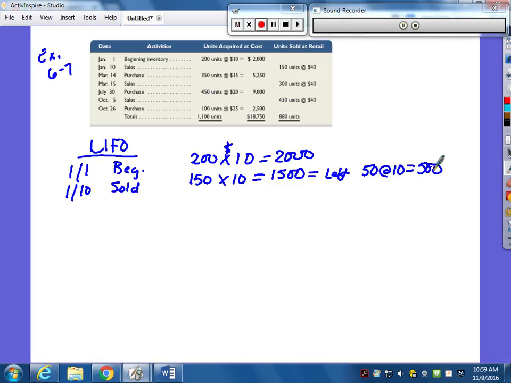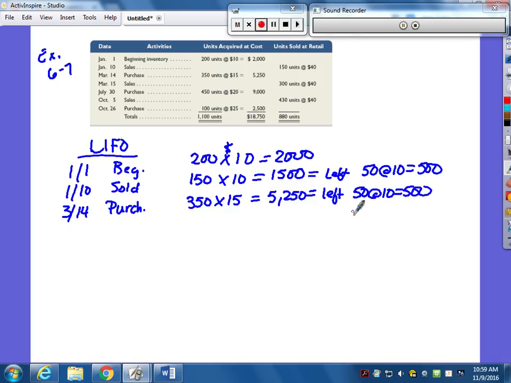All right. And then on March 14th, they purchased 350 units at $15, which equals 5,250. Now, what we have on hand is still the 50 from previous, and we now have 350 at 15.